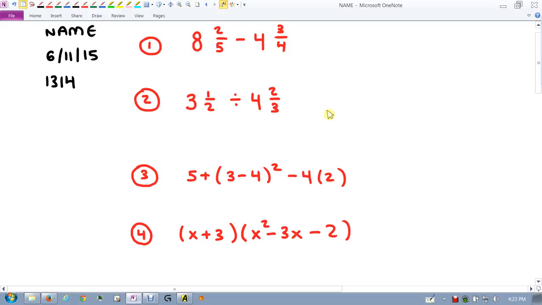So problem number 1 and 2, just figure out what those are. Problem number 3, simplify this. Order of operations. Number 4, expand this out.